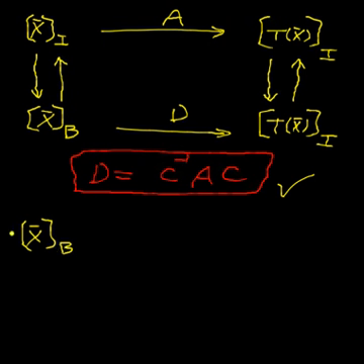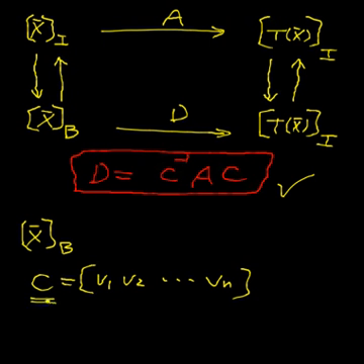Before I do that, I have to introduce C, the matrix of V1, V2, ..., Vn. So if I introduce a new change of basis matrix C, then I pre-multiply it with my coordinate of the second part. This is my C basis matrix. Then I'm going to get this, right?